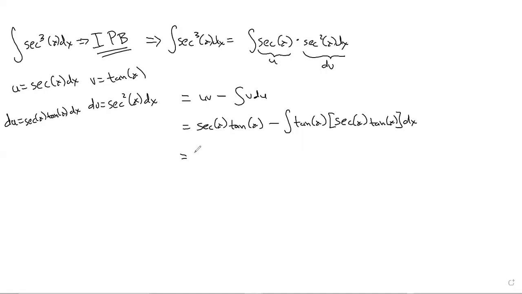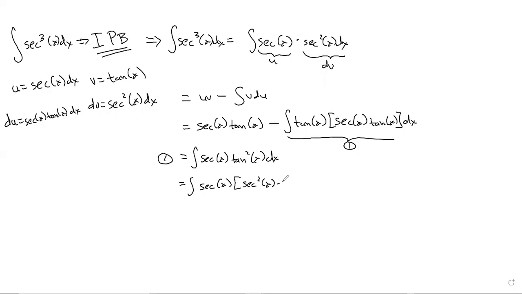So I'll identify this as integral number 1. We have the integral of secant of x tangent squared x dx. Replace the tangent squared with secant squared of x minus 1, Pythagorean identity.